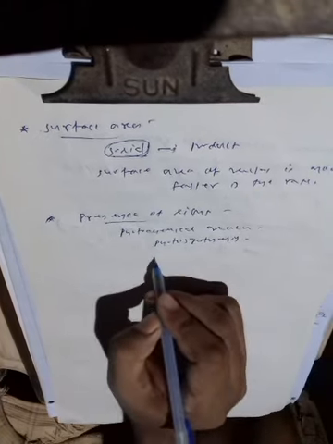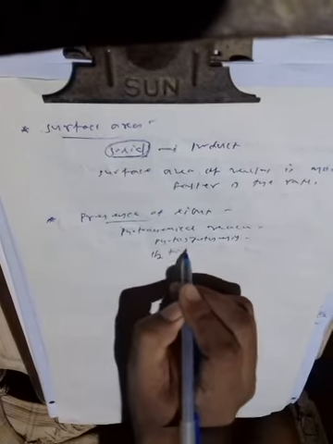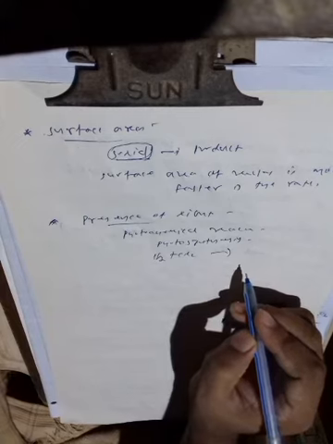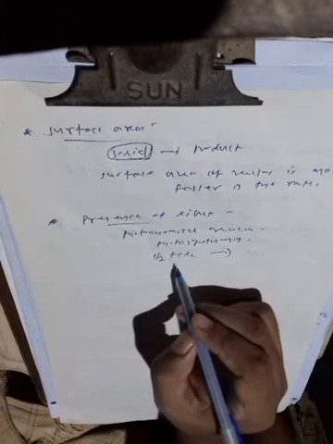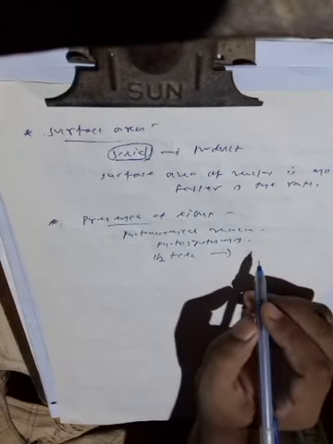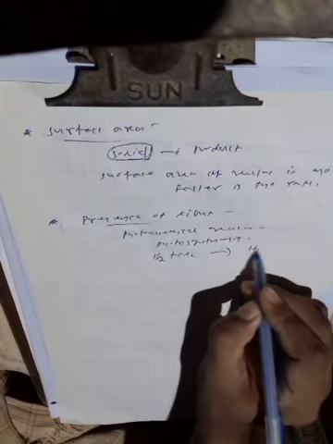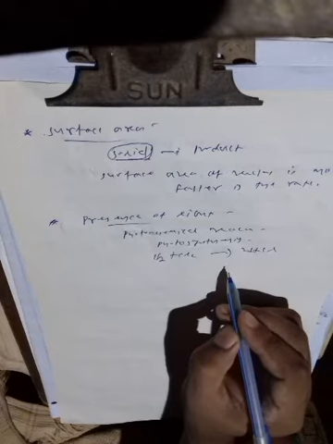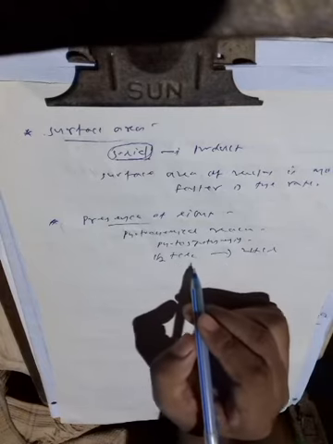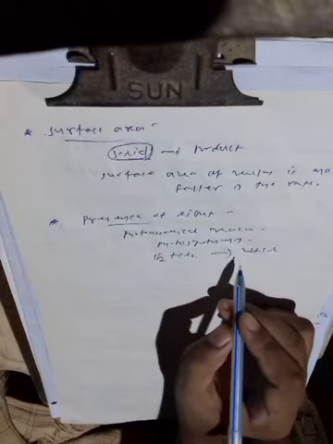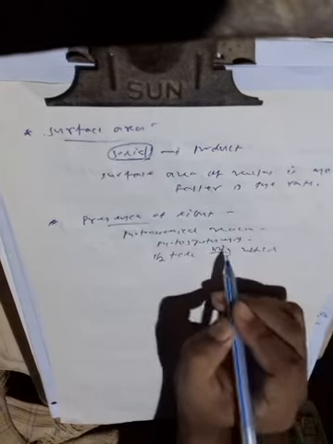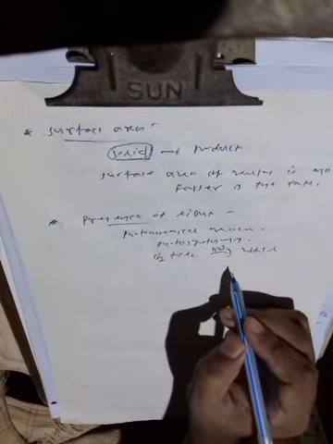Another example: when hydrogen is reacted with chlorine, it forms hydrogen chloride. In the absence of light, the rate of reaction is very slow. But when there is light, the rate becomes very fast.